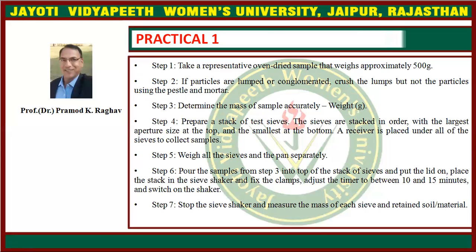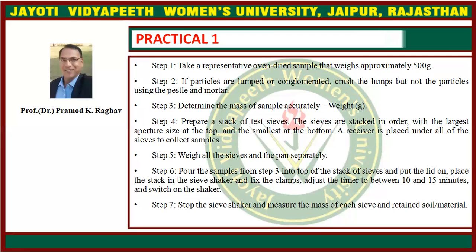in a sieve shaker. Then we pour the sample into the top sieve of the sieve shaker, and we put the lid on, and then this sieve shaker is turned on for 10 to 15 minutes.